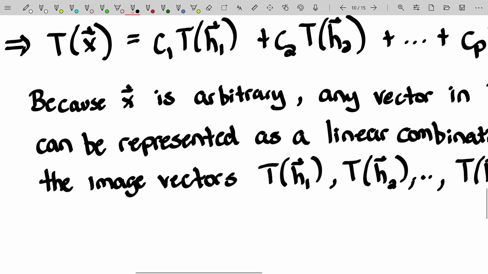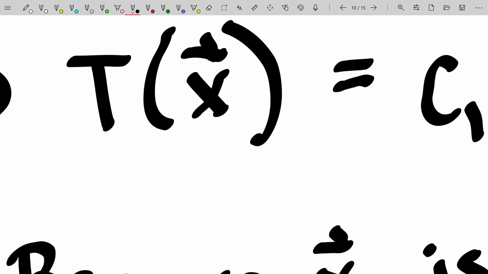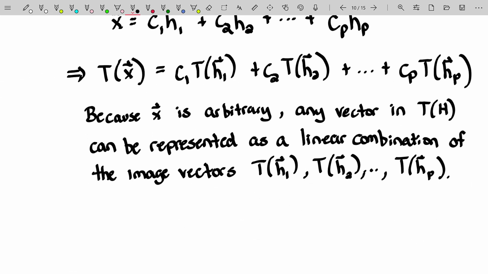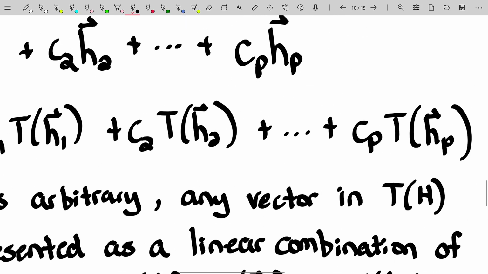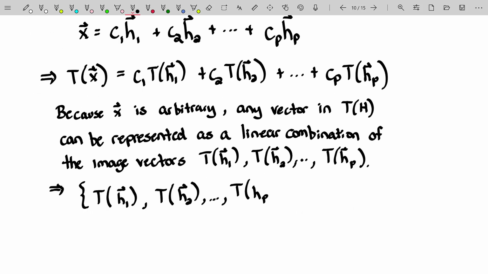Now, because X is arbitrary and T of X is the image of that arbitrary vector under the transformation T, any vector in T of H can be represented as a linear combination of these vectors, T of H sub 1, T of H sub 2, all the way to T of H sub P. That is, the transformations of the basis vectors from H span T of H.